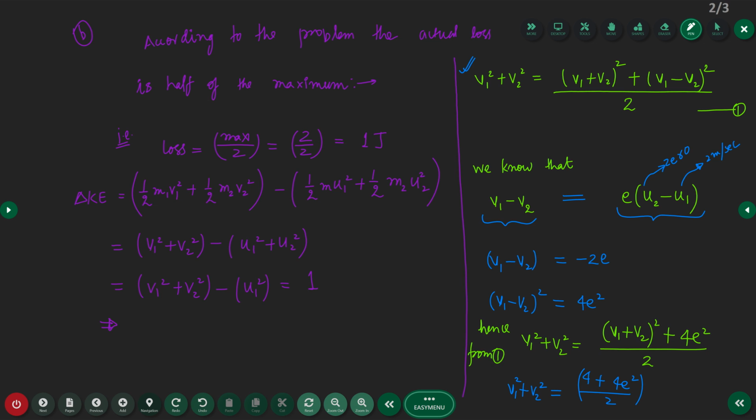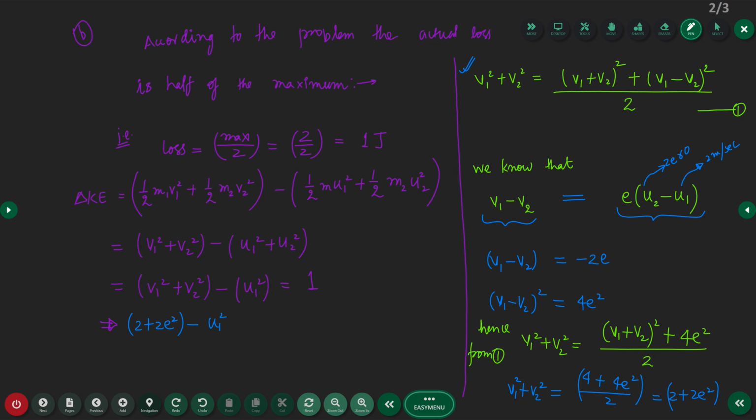That comes how much? 2 plus 2e square. Any problem? v1 minus v2 we have substituted, so it becomes 2 into 2 plus e square. So we can take common 2 into 1 plus e square.